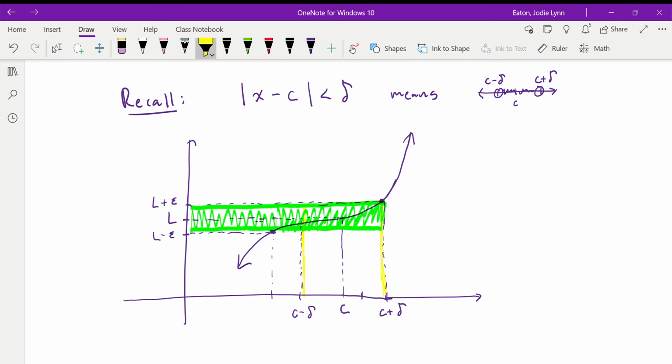So when we're trying to prove or define a limit at a certain place, we need to prove that given some epsilon greater than 0 in the y's, there has to exist some delta greater than 0 for the x's. And we're going to look at a couple of algebraic proofs of that.